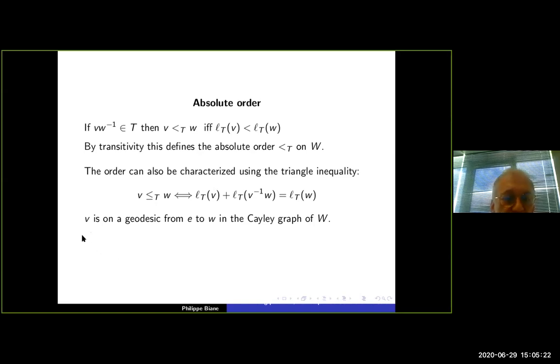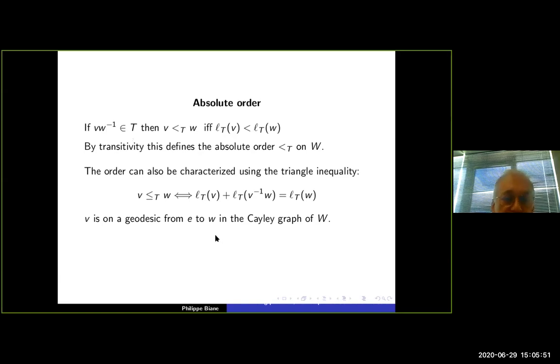A geometric way of explaining this is to say that V is smaller than W if V is on a geodesic from the identity to W in the Cayley graph of W, where the Cayley graph is taken with respect to the set of reflections. So there is a structure of Cayley graph on W where the edges are given by pairs V, W such that V W minus 1 is a reflection.